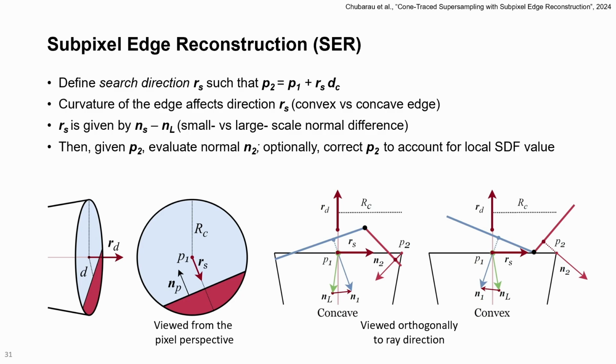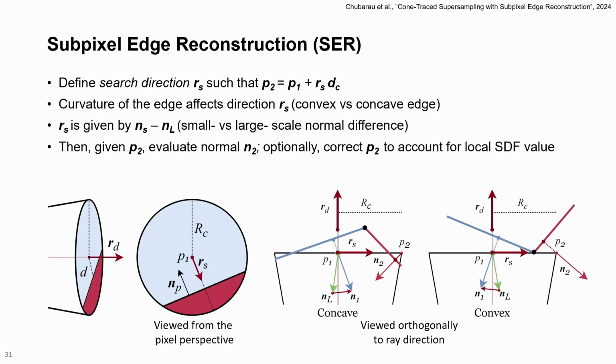We first need to make an educated guess as to where the secondary surface lies. By looking at the difference between the large scale normal and the small scale normals, we can make a good guess, because the large scale normal is basically a blend between the two. It gives us some good geometric clues as to where the secondary surface lies.